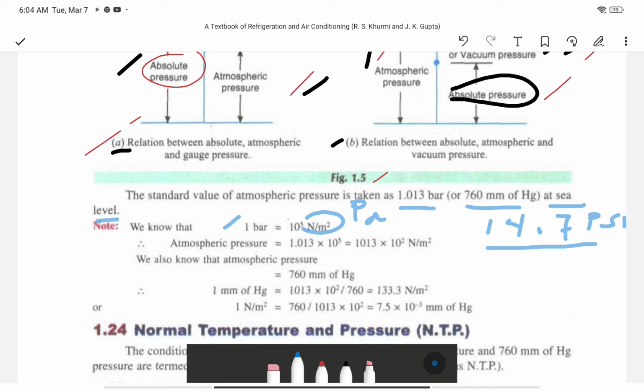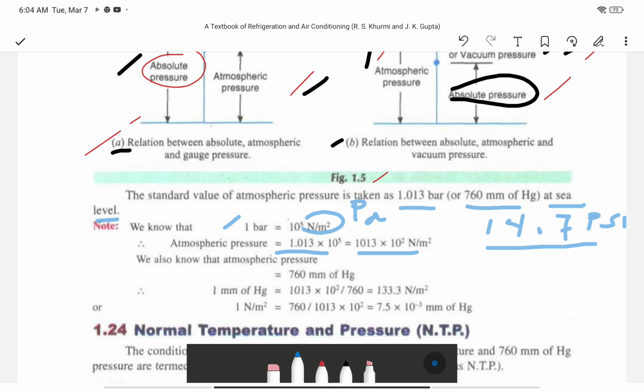Atmospheric pressure therefore is equal to 1.013 times 10 raised to 5, or 1013 times 10 raised to 2 Newton per square meter.